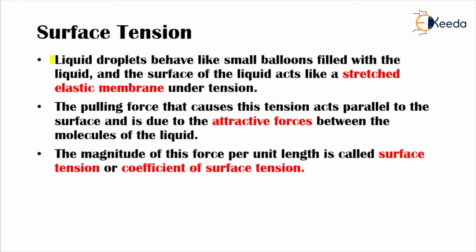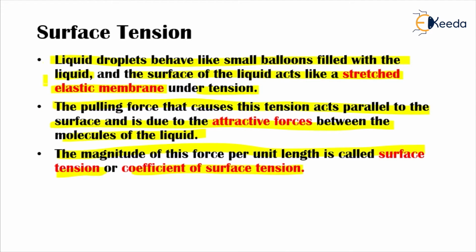Now, moving on to words, how can we put this phenomenon in words? Liquid droplets behave like small balloons filled with liquid, and the surface of the liquid acts like a stretched elastic membrane under tension, as I have already shown you in the top view. The pulling forces that cause this tension act parallel to the surface and are due to attractive forces between the molecules of the liquid. Those are called cohesive forces. The magnitude of this force per unit length is called surface tension, or coefficient of surface tension.